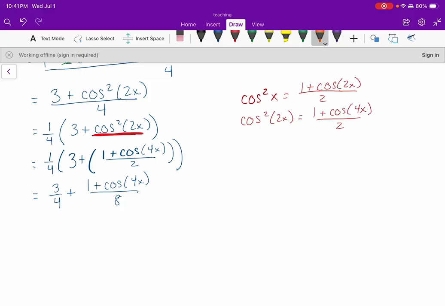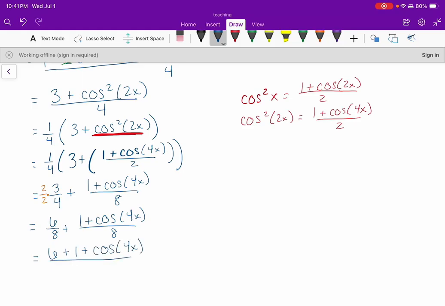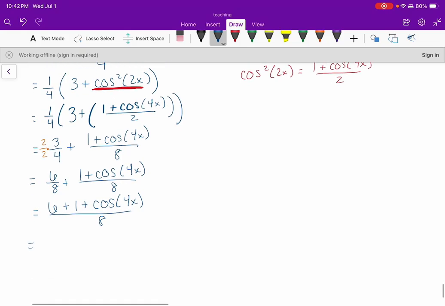I need common denominators again, so I'm going to make the first term times 2 over 2, and then I'll be able to put it all together. So this is 6 over 8 plus 1 plus cosine 4x over 8. I get 6 plus 1 plus cosine 4x all over 8, which equals 7 plus cosine 4x all divided by 8.